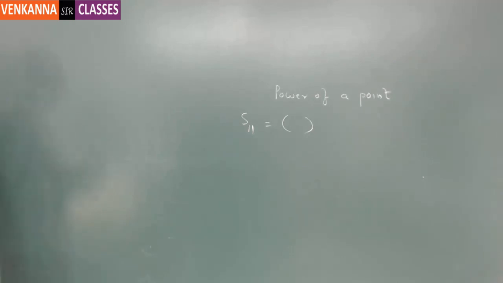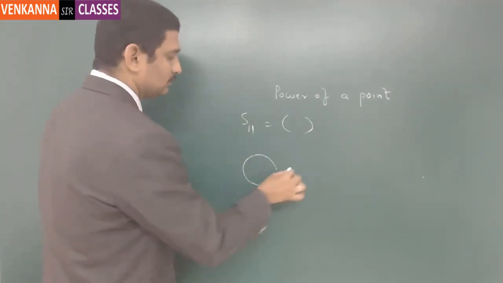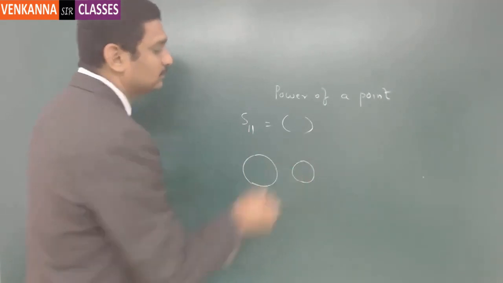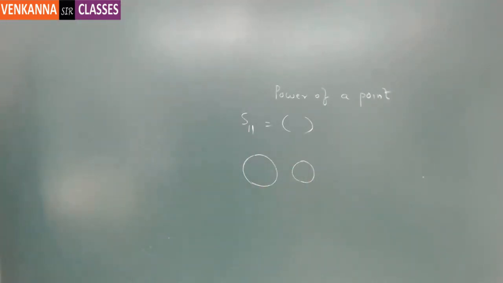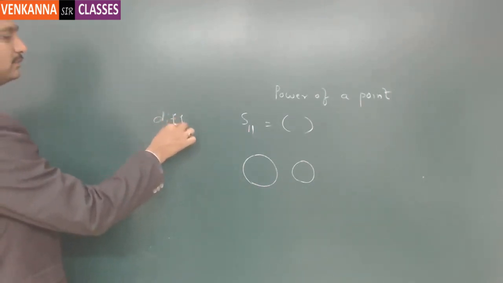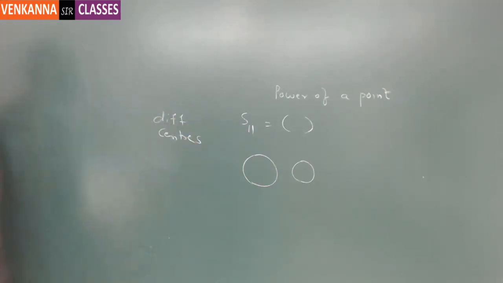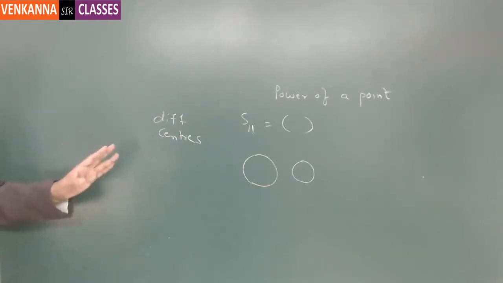Now, you consider two spheres. I am saying that you have taken two spheres having different centers. It means that they are not concentric.